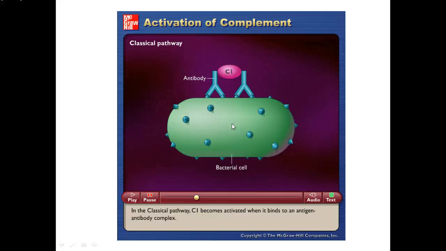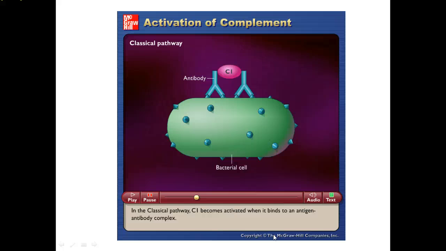So, classical pathway. The key here is antibodies bind. Complement proteins, as you can see, bind to the antibody itself, and it's going to activate this cascade of events. Within that cascade, C3 is split into C3a and C3b, even C5 being split into A and B components, so that you get that reaction, that cascade, that domino effect where we get the inflammation.